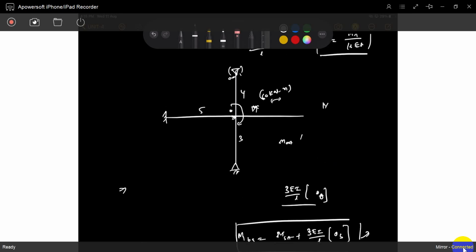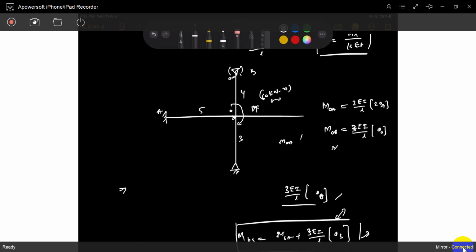See, M_OA is the same, 2EI by L into 2 theta A. But M_OB, how can you write it? It is 3EI by L into theta O, which we already developed for when the outer end is hinge.